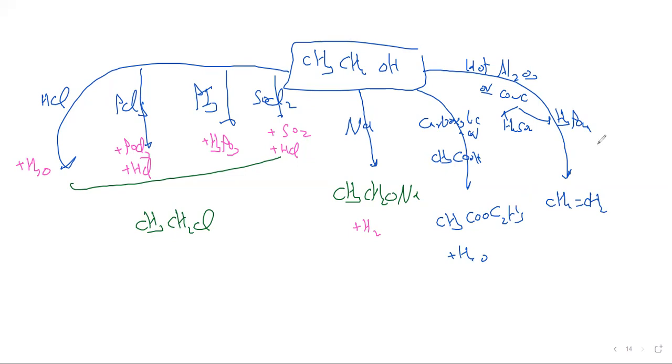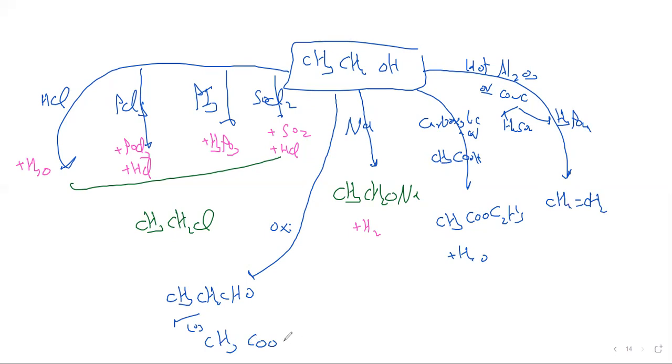And for burning and oxidation, you will find that it will produce aldehyde, CH3CH2CHO, and then oxidation to produce CH3COOH. For the first one, CH3CHO, and then CH3COOH.